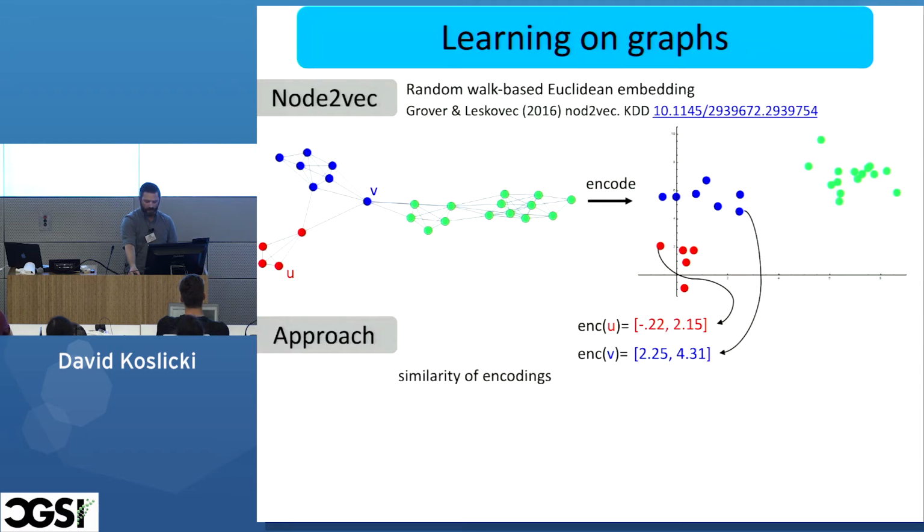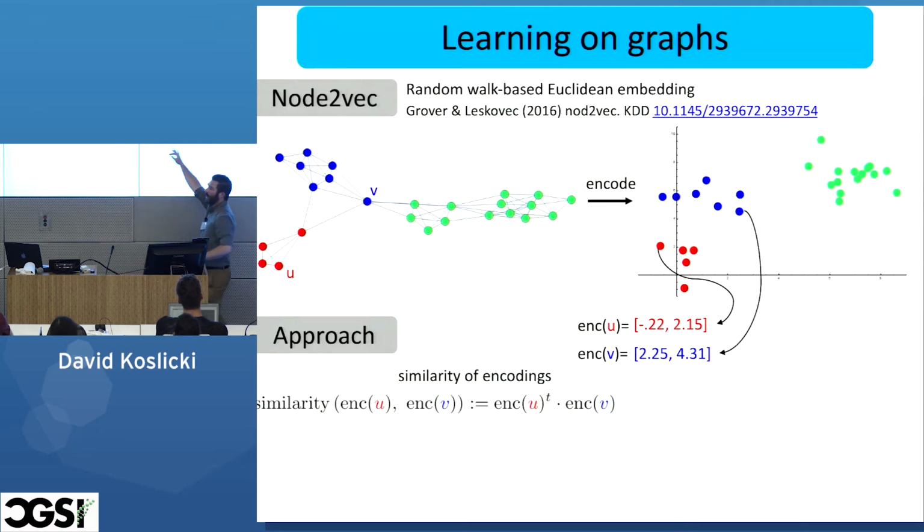The approach is that we want to optimize it so that the similarity of the encodings, that is the similarity of the vector representations, which here is represented by the angle between them, is meaningful. This is the dot product between the encodings. This right here says similarity. So similarity between the encodings is defined to be the dot product between these vectors.